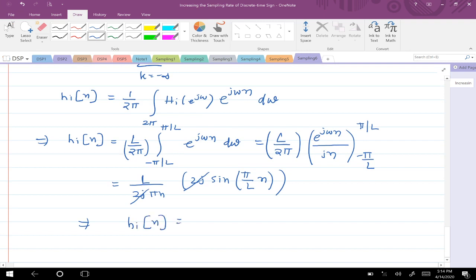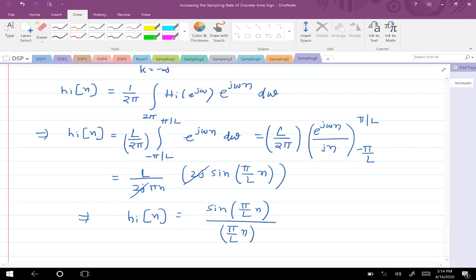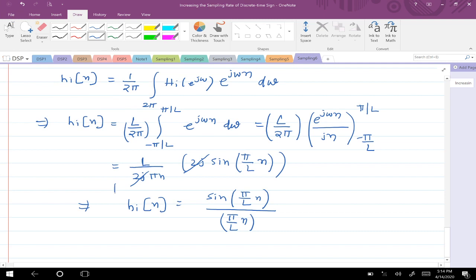That's equivalent to sine of pi by L times n divided by, I take L to the denominator, so in the denominator I get pi by L times n. Very familiar expression by this time to, I guess, all of you. So that's what is h_i of n, right?